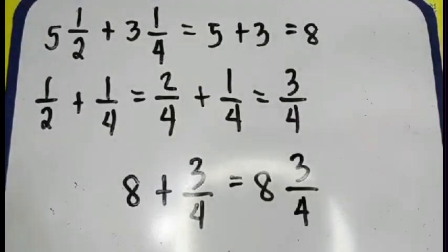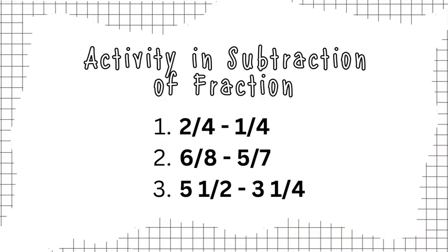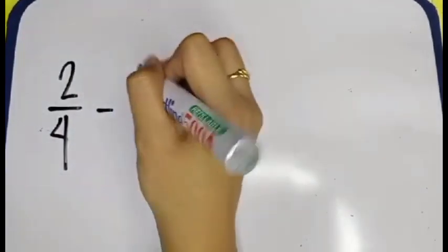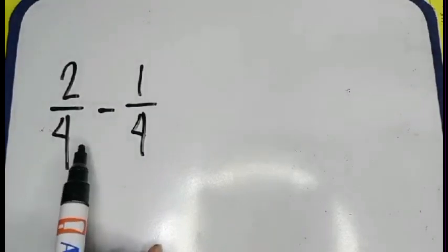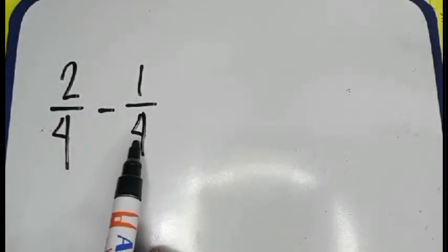And that will be our final answer. For the next activity, it is the subtraction of fractions. First, we have 2/4 minus 1/4. They have the same denominator, so it's a similar fraction.